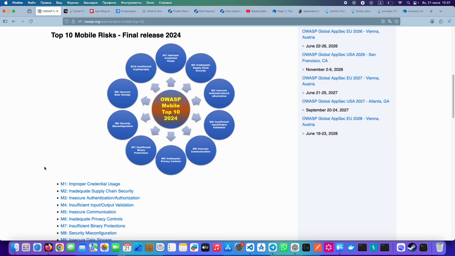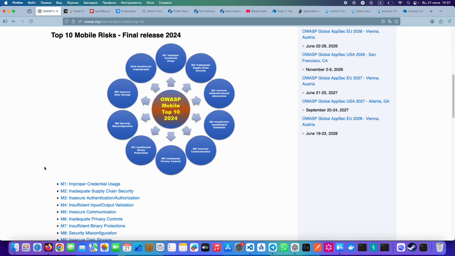As I said, this theme doesn't relate only to applications that deal with transactions, banking, and all that stuff.